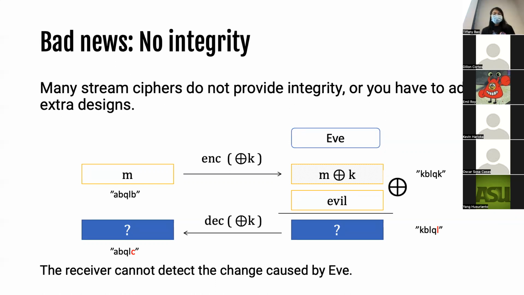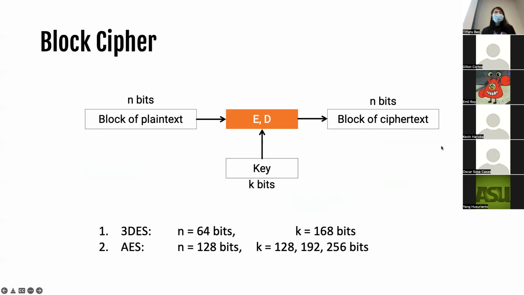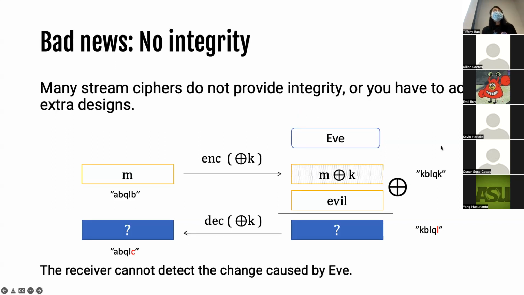Okay. Yeah, and that's a problem. That's part of the reason why stream ciphers are not extensively used. But there are still some stream ciphers you should know. For example, one is called RC4. It was actually used, I think until 2005, in WEP, the wireless protocol.